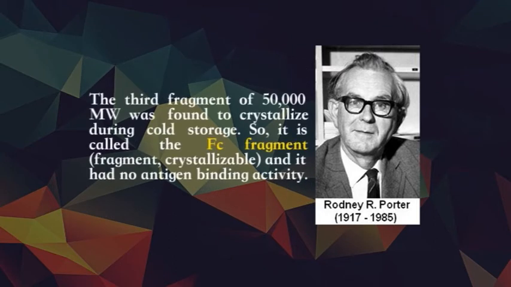The third fragment of 50,000 molecular weight was found to crystallize during cold storage. So it is called the Fc fragment, fragment crystallizable, and it has no antigen binding activity.